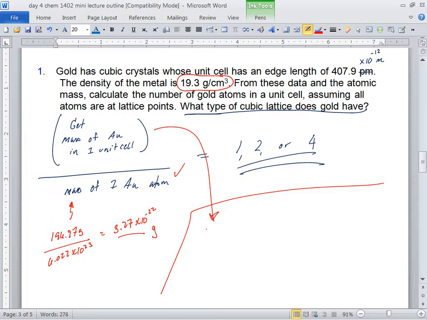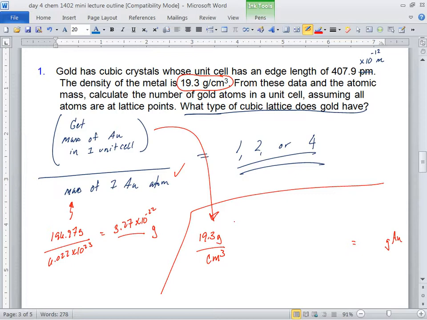Of gold, because that's the density of gold. That's the grams of gold. So all we got to do is multiply this by what to get grams of gold? Because we want grams of gold. So don't flip that 19.3 or anything. Multiply this by what, and we'll have it.